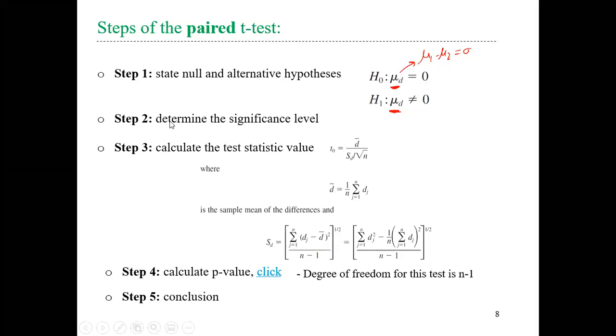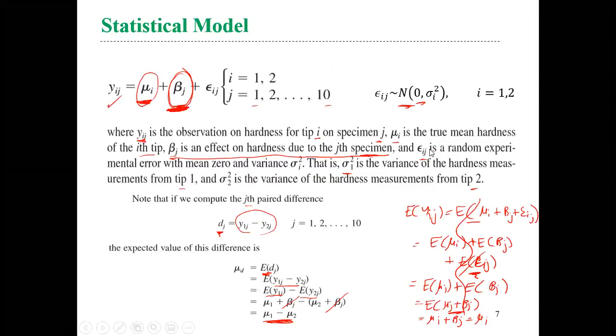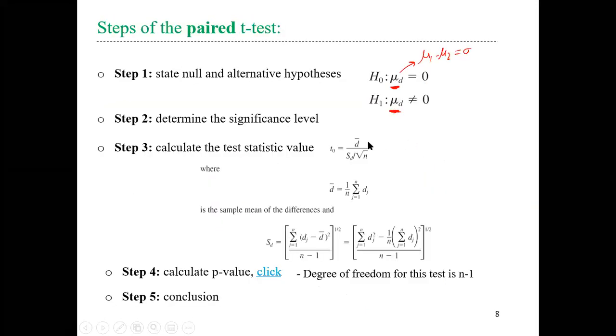The second step, as before, you need to select alpha, like 5% or 1%. The third step, you need to standardize the sample differences. I'm going to work with the differences. What is the average of these guys? The sum divided by n. This average will be standardized. How do I standardize some value? You subtract the mean and divide by the standard deviation.